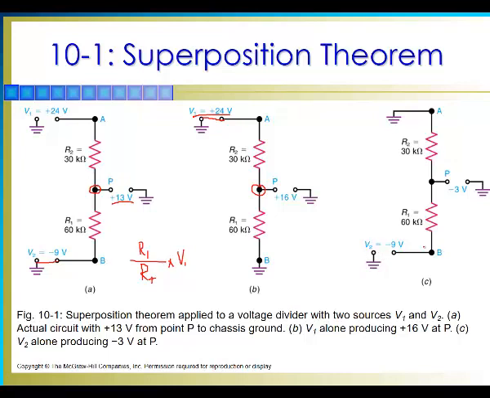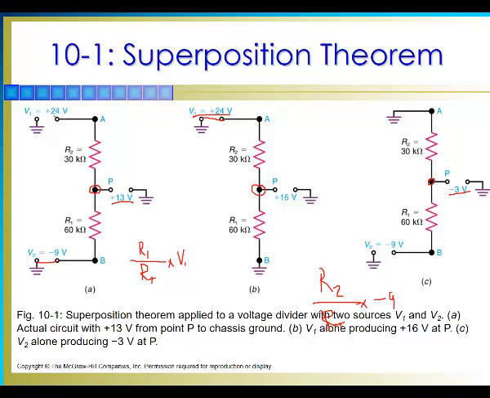So if we analyze now the circuit from this point down this way, we can say that the voltage at point P will be R2 divided by RT times negative 9 volts, and this will give us a total of 3 volts.